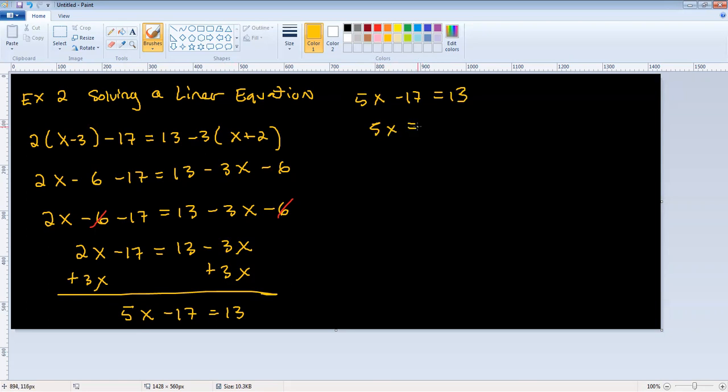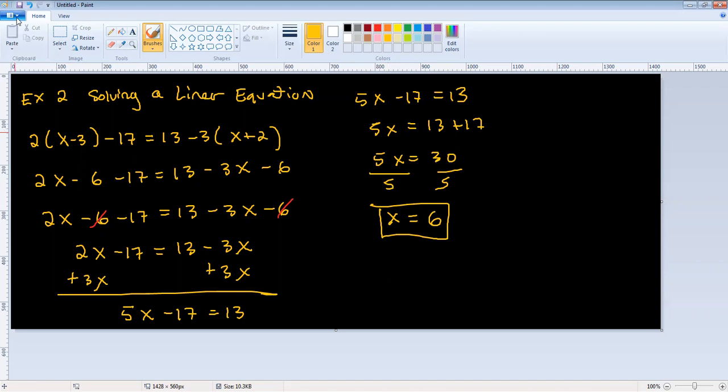Okay, so we have 5x is equal to, if we move this over to the other side, 13 plus 17. What is that going to be? Okay, so that's going to be 30. So we have 5x is equal to 30. If we divide by 5 on both sides, we will end up with x is equal to 6. So that's how you solve something like that. Great.